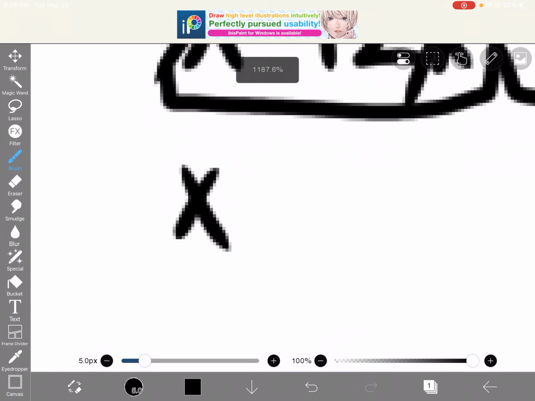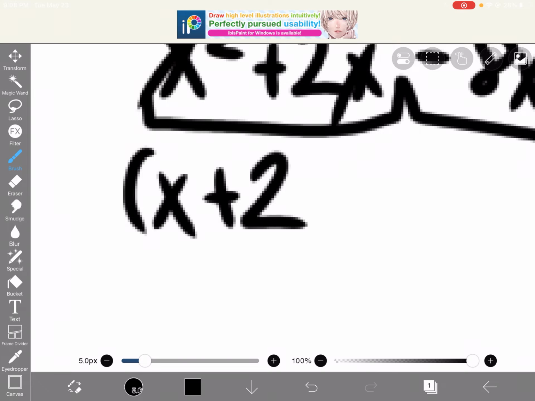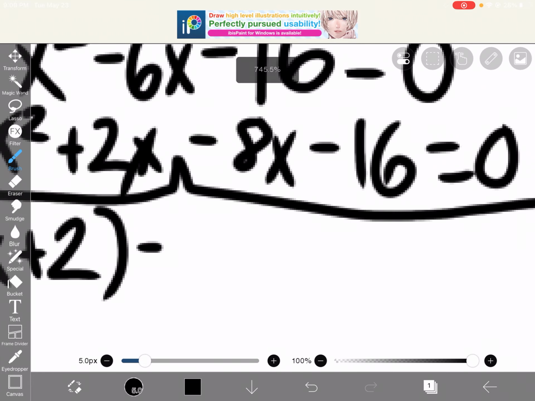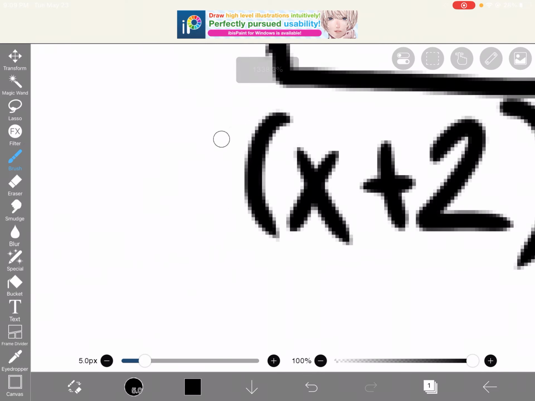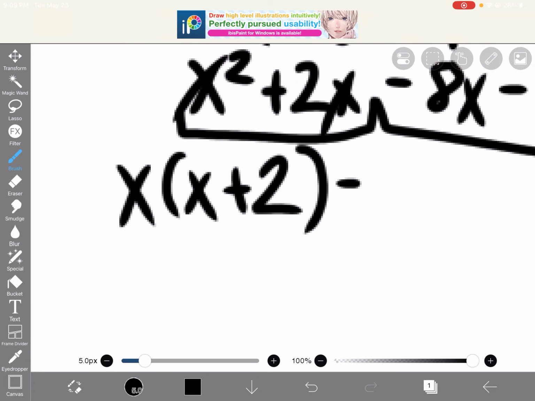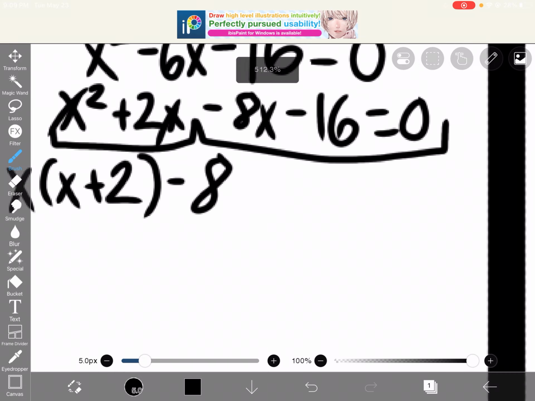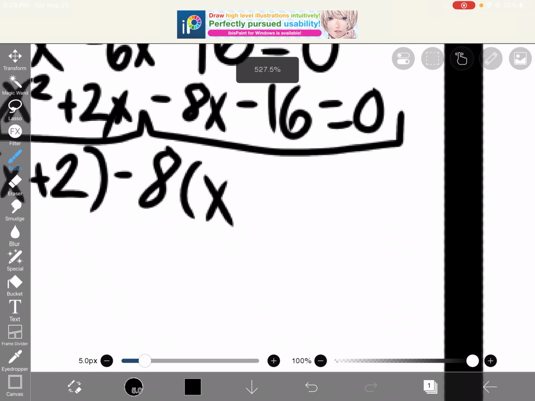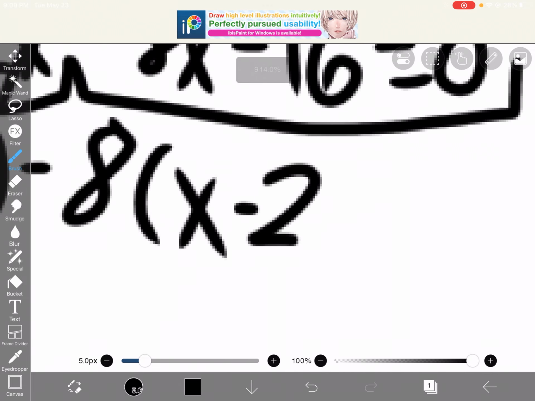So it would just be x plus 2, minus, now the greatest common factor in this one is negative 8. That would be x plus 2.